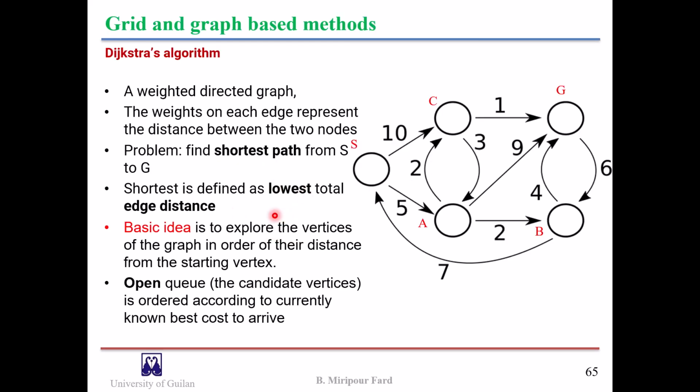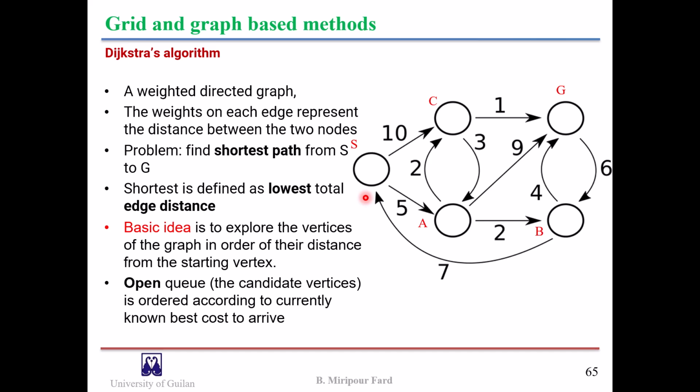Suppose we have a weighted directed graph. The weights on each edge represent the distance between the two nodes. The problem here is to find the shortest path from S to G. Shortest is defined as lowest total edge weights.